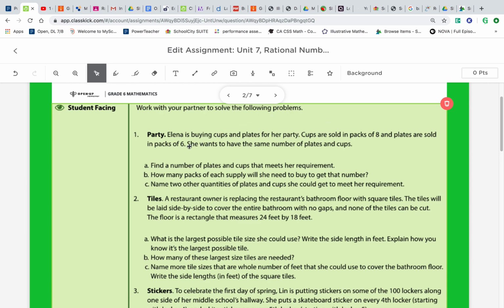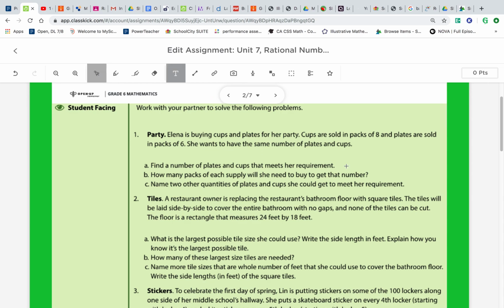And 6 times 4, that gives us 24 as well, right? So if she bought 24 of each, she could do that. She could just buy three packs of the cups and 4 packs of the plates, and that would give her 24 for each.